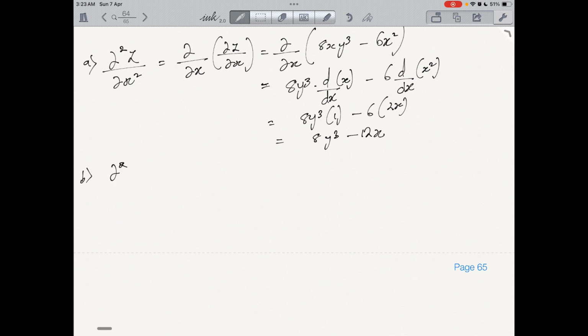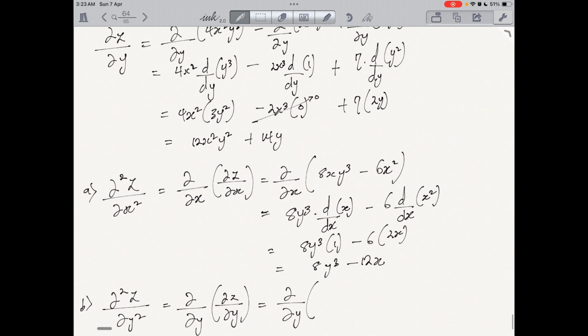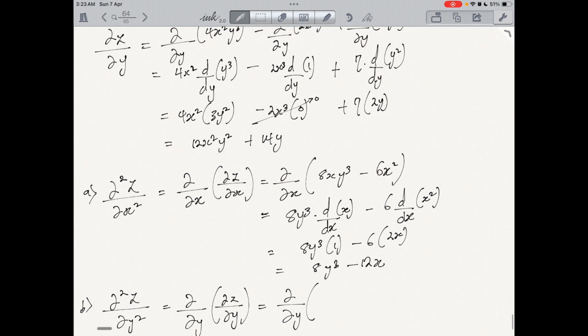Next, we are asked to evaluate ∂²z/∂y². And this is d/dy of ∂z/∂y, that is d/dy of 12x squared y squared plus 14y.